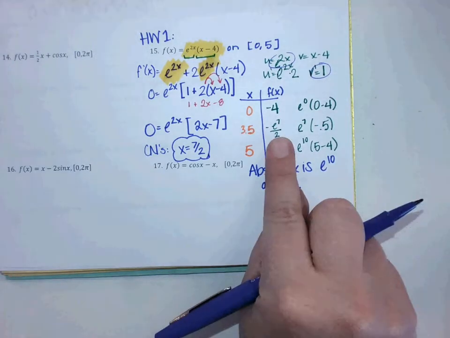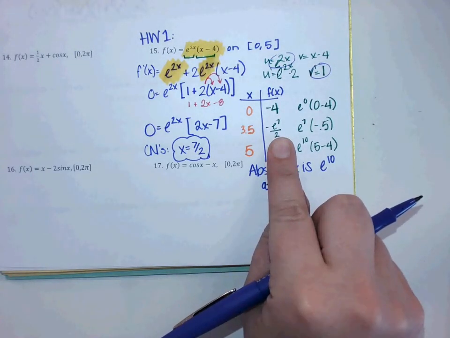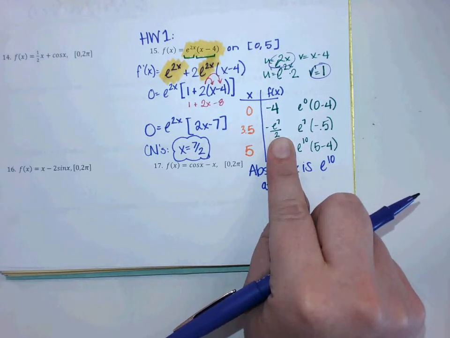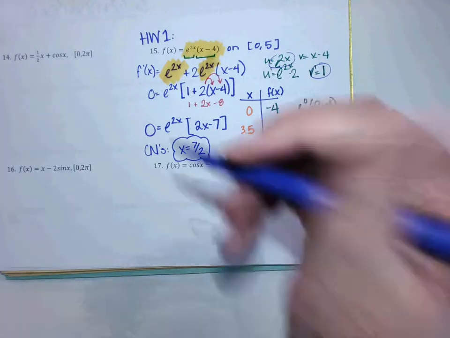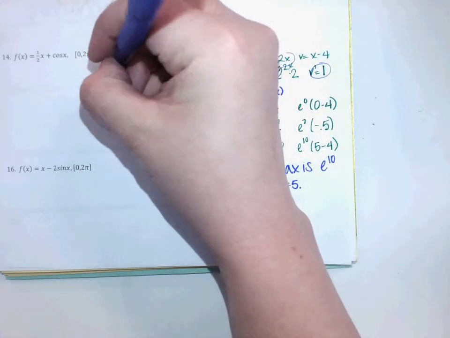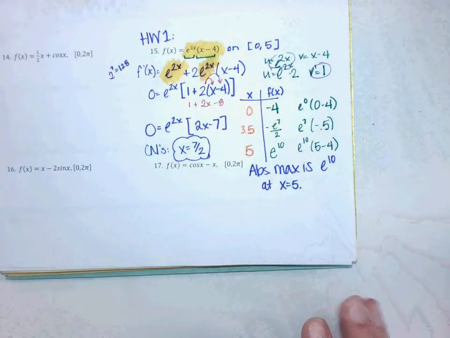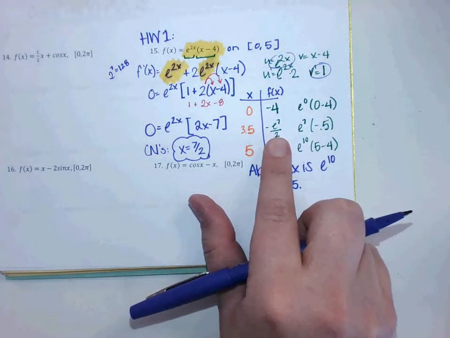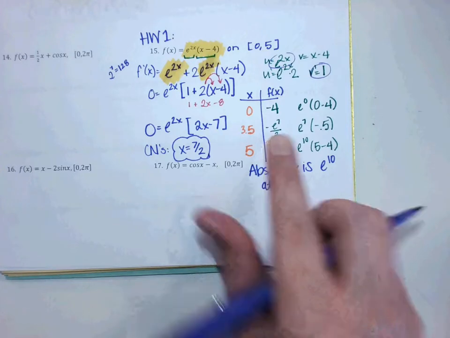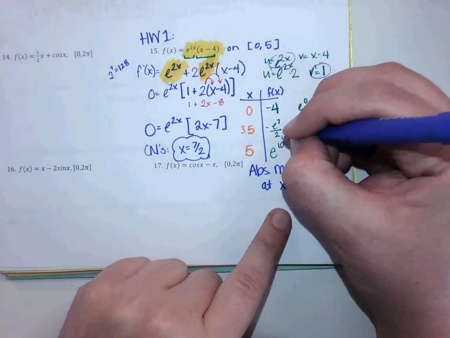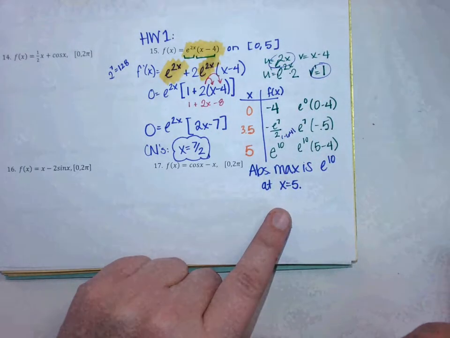So if I do 2 to the 7, let's count. 2 times 2 is 4, times 2 is 8, times 2 is 16. One more, 32. One more. One more. So 2 to the 7 is about 128. So if I were to divide that by 2 and turn it negative, this is about negative 64. So which of those is smaller?